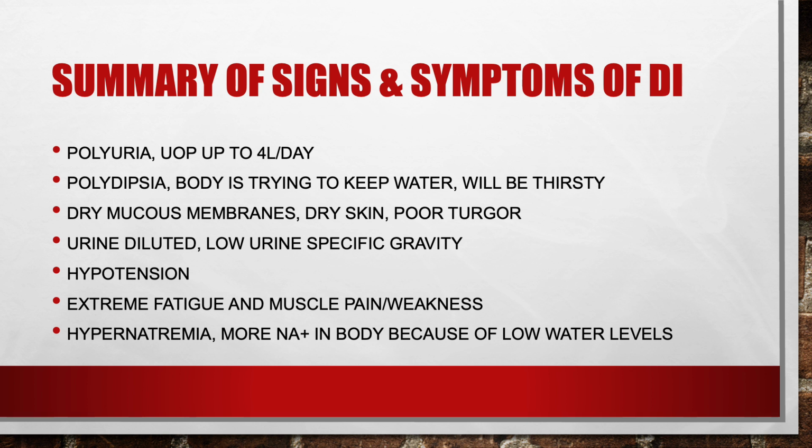So with hypotension, just remember those blood vessels are going to be dilated and there's just low volume. It's getting peed out. And extreme fatigue and muscle pain and even weakness, you'll see that as well. People that are dehydrated are typically like that. And again, hypernatremia. So there's more sodium in the body just because of those low water levels.